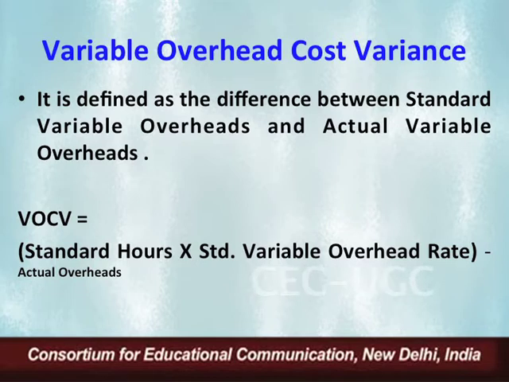If I show it by formula, variable overhead cost variance is equal to standard hours into standard variable overhead rate. In this way we compute the standard variable overhead cost, and then we deduct actual overheads from it to arrive at the variable overhead cost variance. So: standard hours into standard variable overhead rate minus actual overhead.